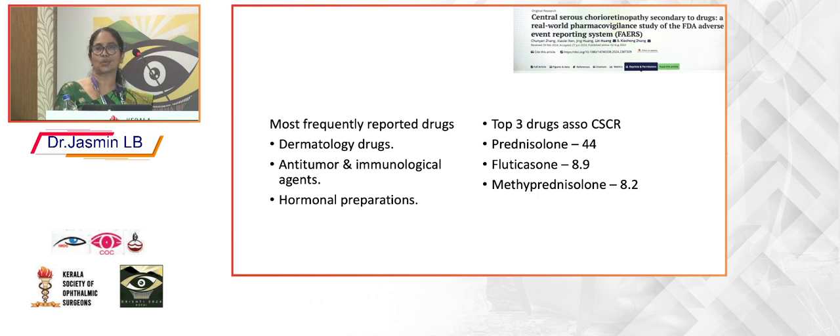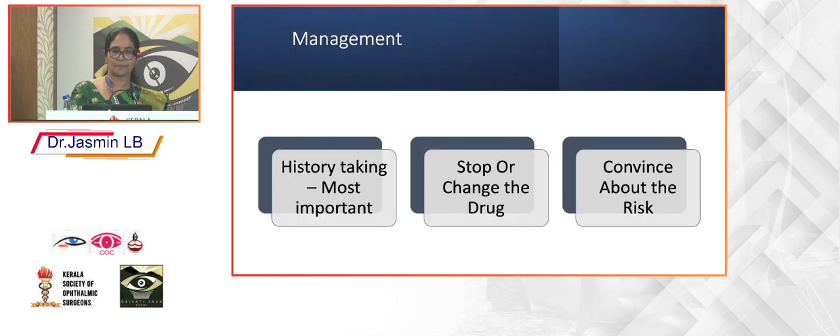Dermatology drugs are most common for causing CSR because dermatologists are mostly using steroid ointments. Second comes the anti-tumor and immunological agents. Third is the hormonal preparation. Again, among the top three steroid drugs, first comes prednisolone, 44%, then fluticasone, 8.9%, and methylprednisolone, 8.2%.